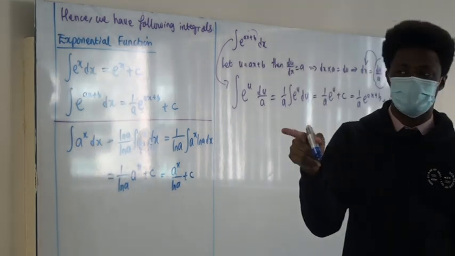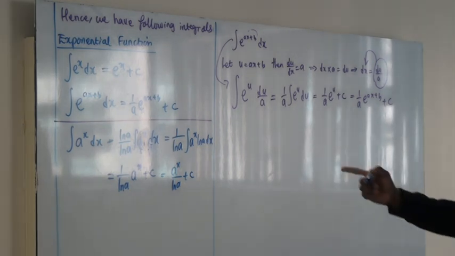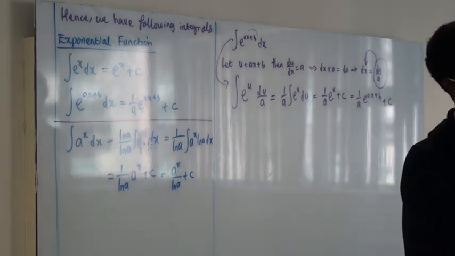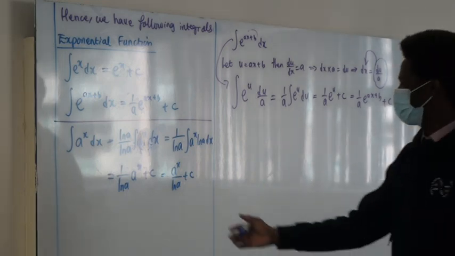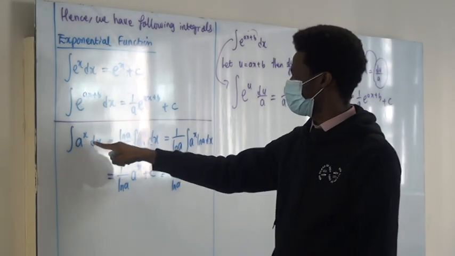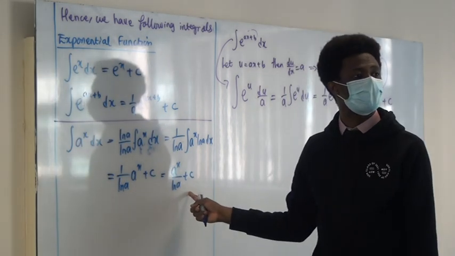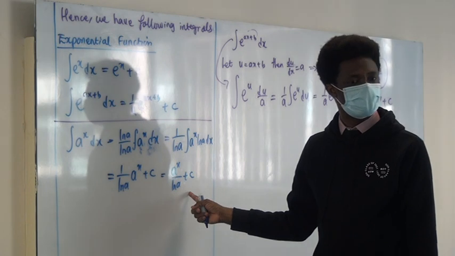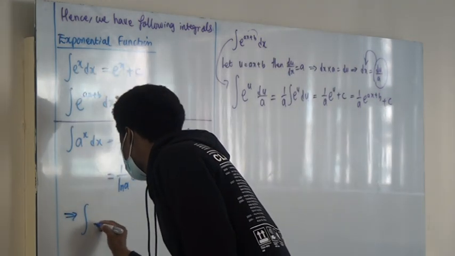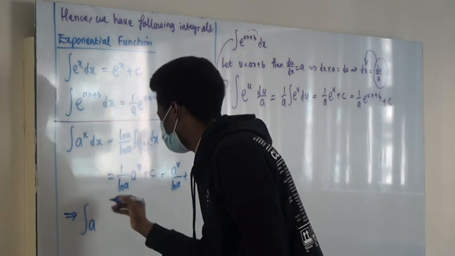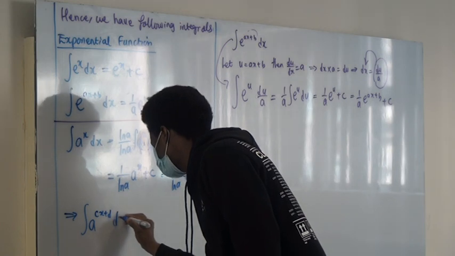Unlike in differentiation, when you differentiate, you multiply by ln a. When you integrate, you are dividing by ln a. Can you see a pattern here? And if you are dealing with ax plus b, after that, you still have to multiply by 1 over a. Am I making sense? So what I mean is, as a result of this, the integral of a raised to power, there's no ax plus b anymore, so let's say cx plus d dx.